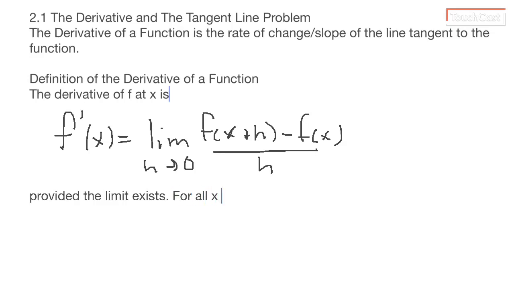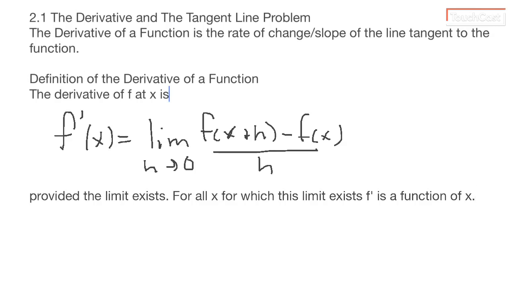For all x for which this limit exists, f prime is a function of x. And f prime is just another way we say the derivative.